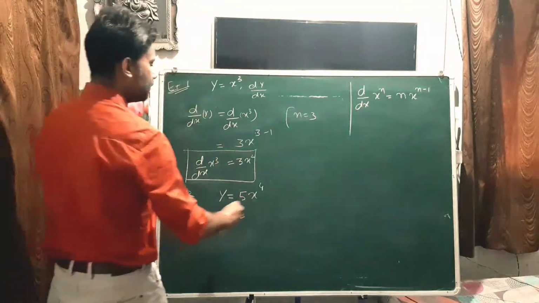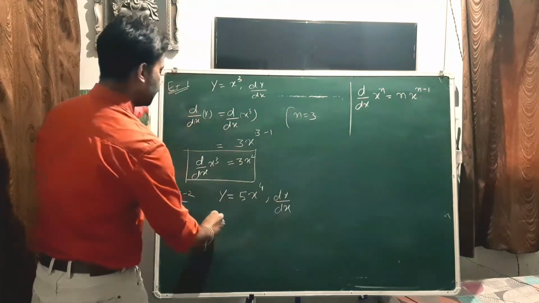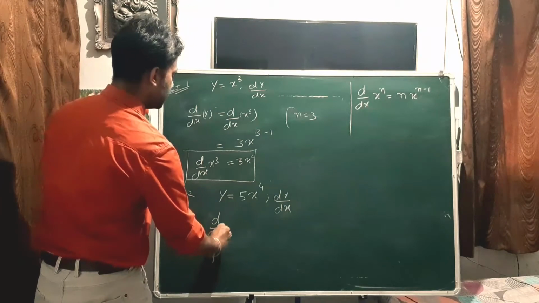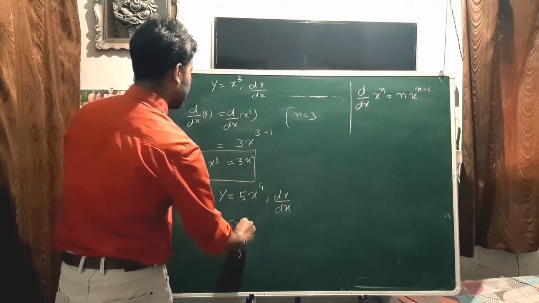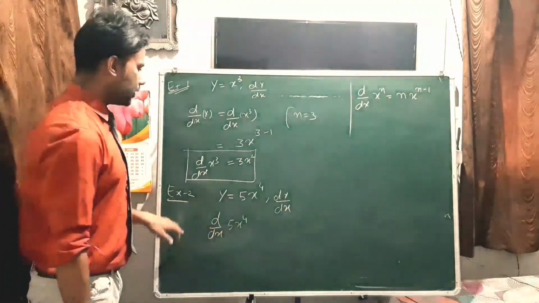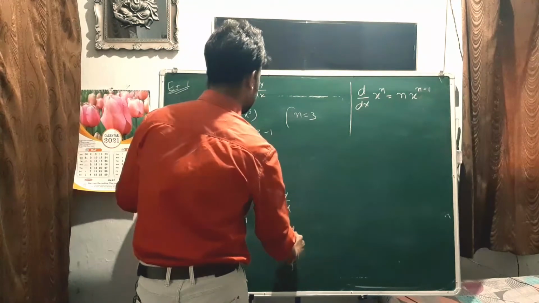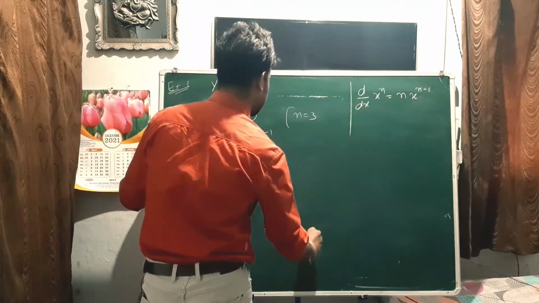So how do we write this? Again, we have to find the value of dy by dx. So d by dx of 5x to the power 4, right? Take this 5 outside, this will become 5 d by dx of x to the power 4.